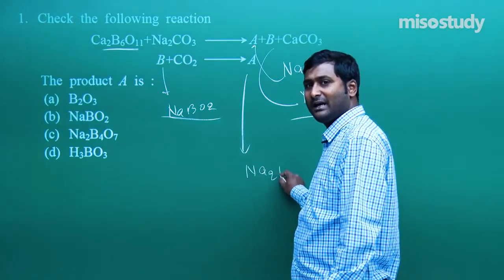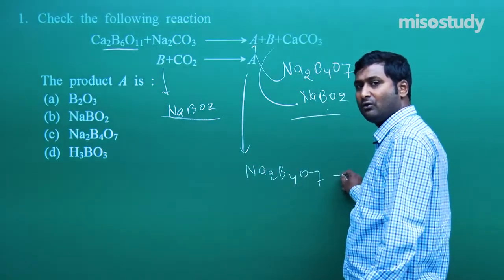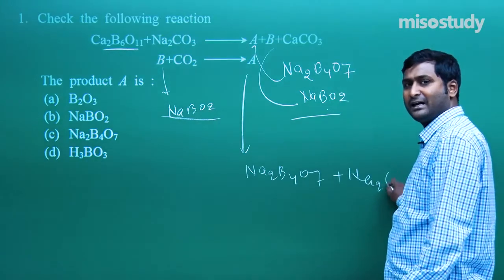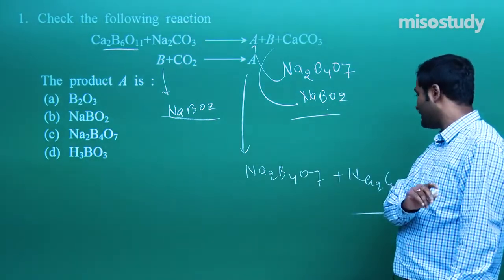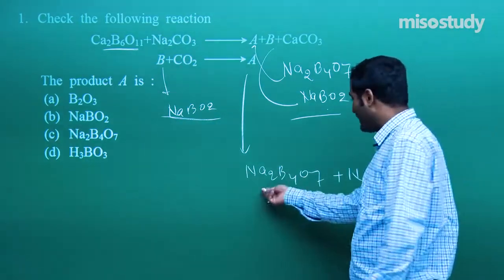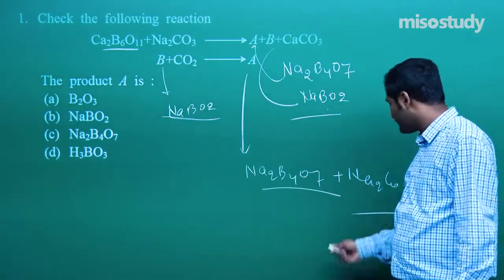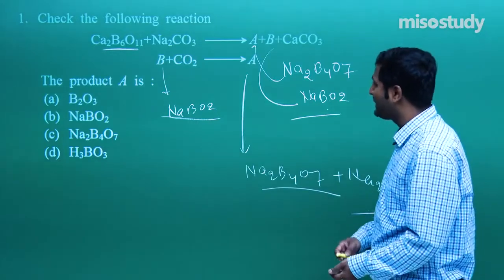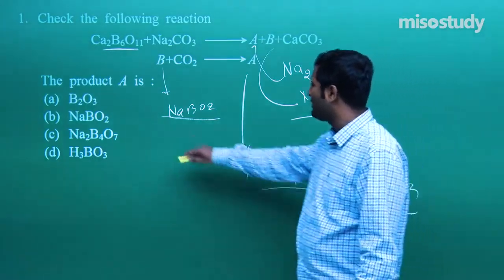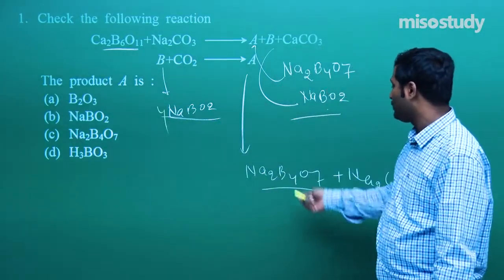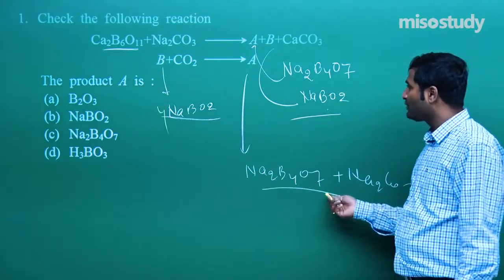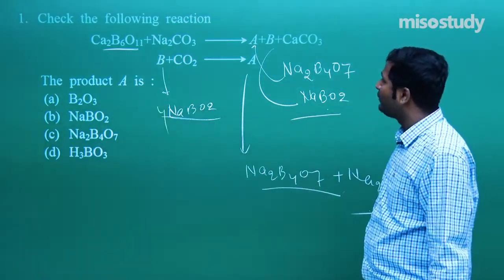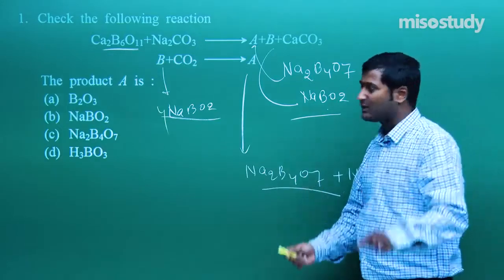Again it will give Na2B4O7 plus Na2CO3. Clear what I'm telling? For this reaction, I'm not going to balance it as simple. Put here 4 NaBO2, you will get Na2B4O7 and Na2CO3.